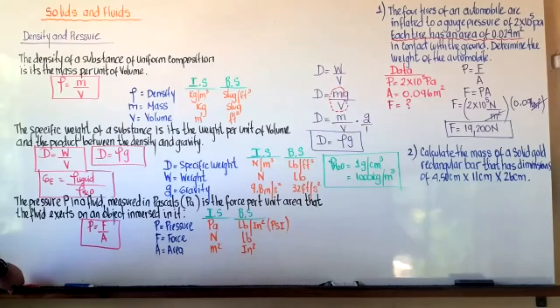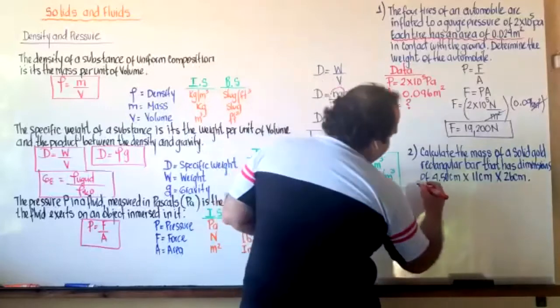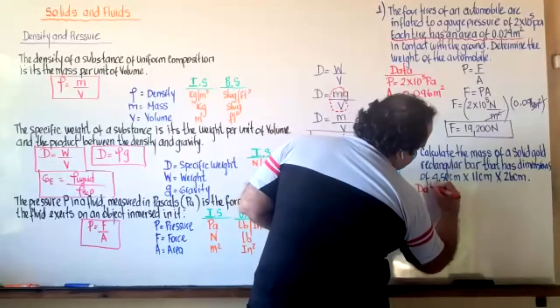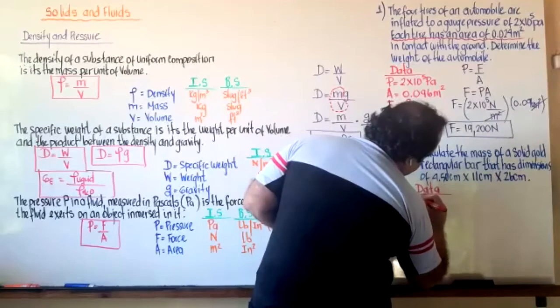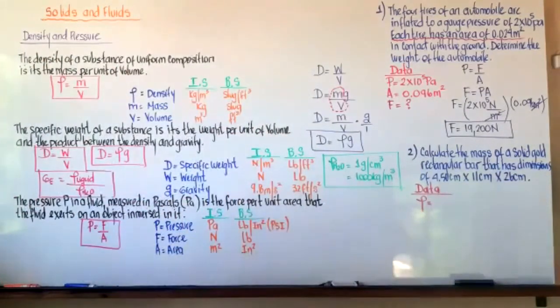So in this situation, the problem is asking: calculate the mass of a solid gold rectangular bar that has dimensions of 4.50 centimeters times 11 centimeters times 20 centimeters. What are we going to do? First of all, the data. What will be the density of the gold? Justin already explained this. This value is given by the density table for liquids and some kind of substance, okay?